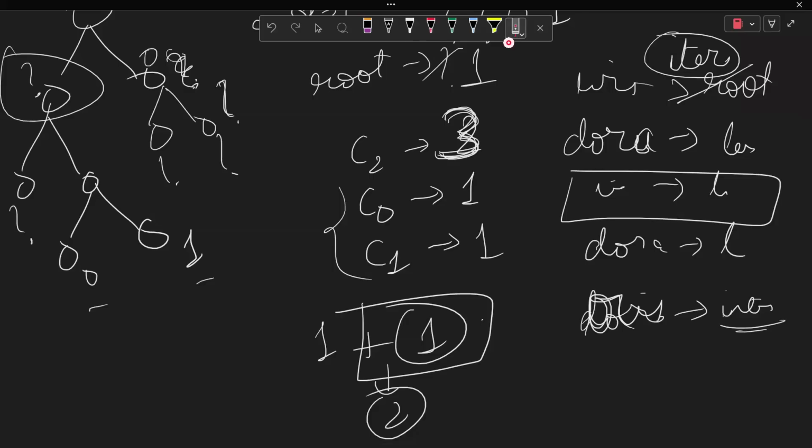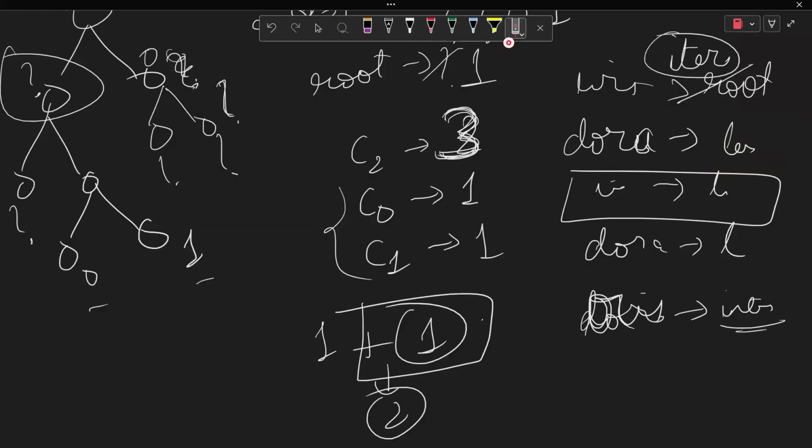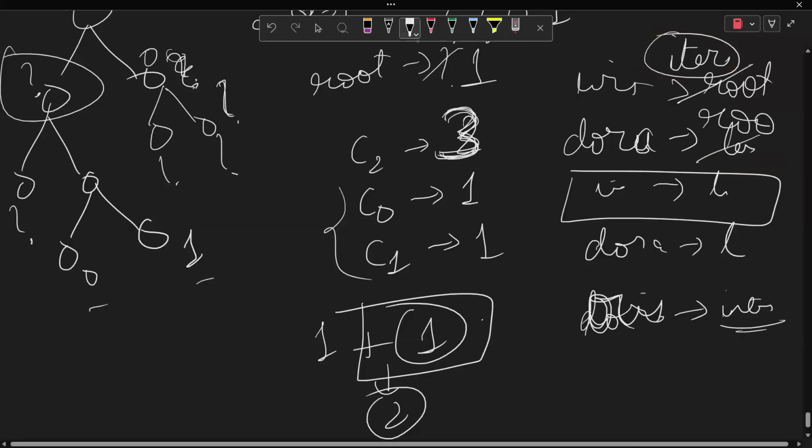If he chooses the leaf node before, then Iris can replace the root node accordingly to make that leaf node unequal. So choosing a leaf node before a root node is never beneficial, because the root node finally governs your final answer. So basically, if he chooses any intermediate node, Dora would then choose the root node, and whichever value he chooses, this one is only going to get added to the answer.